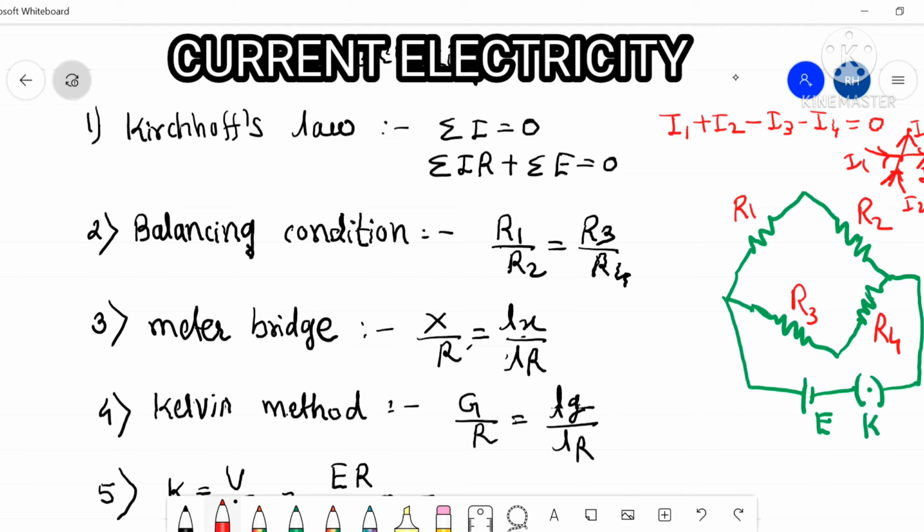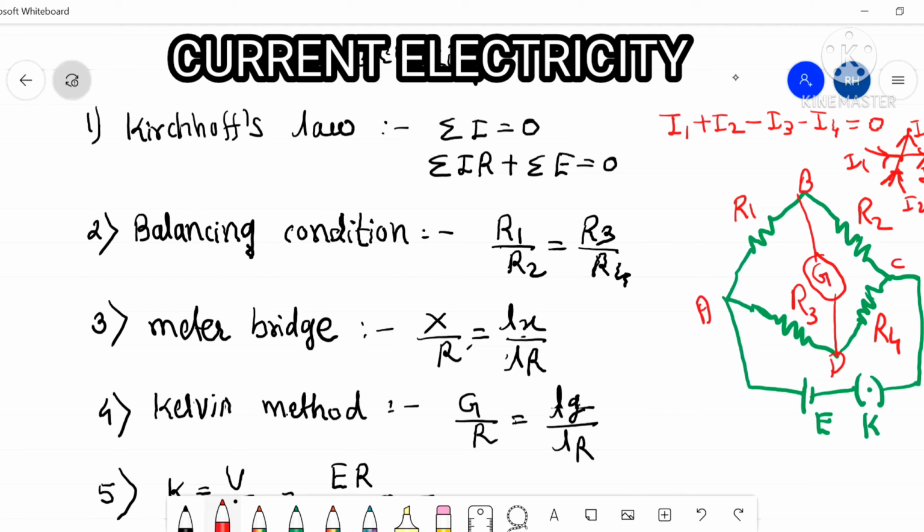Balance condition means this type of bridge is given, with R1, R2, R3, R4, R5 connected, and the galvanometer connected in between these 2 points. Here I will mention A, B, C, D. These are the junction points.